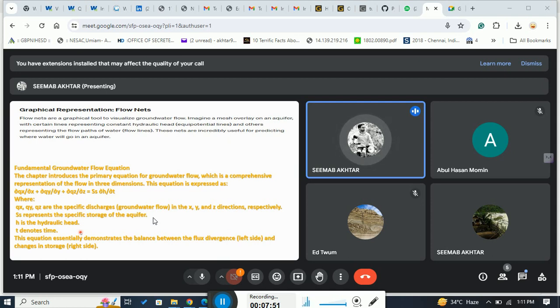Fundamental groundwater flow equation. What is the fundamental equation? This chapter introduced the primary equation for groundwater flow, which is a comprehensive representation of the flow in three dimensions.